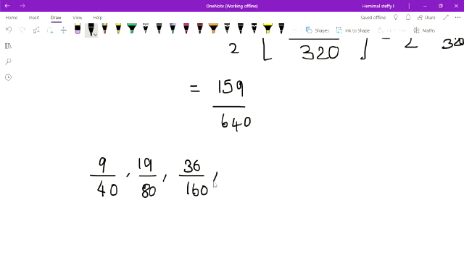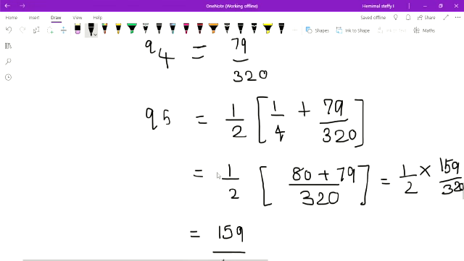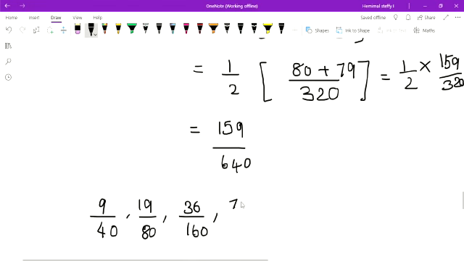And fourth rational number, 79 by 320. And fifth one is 159 by 640. This is the first sum, 5 rational numbers.